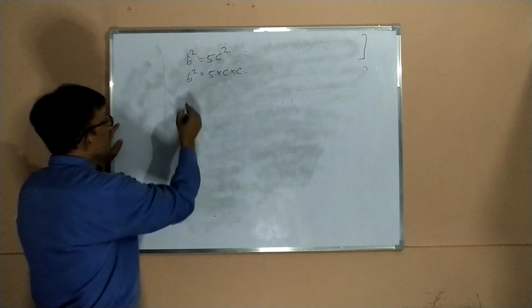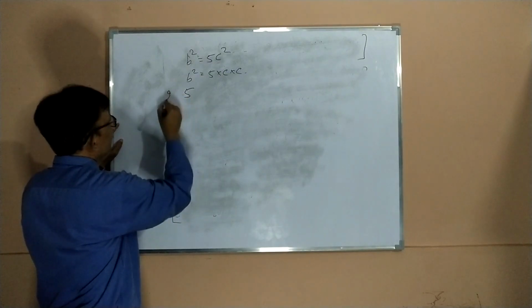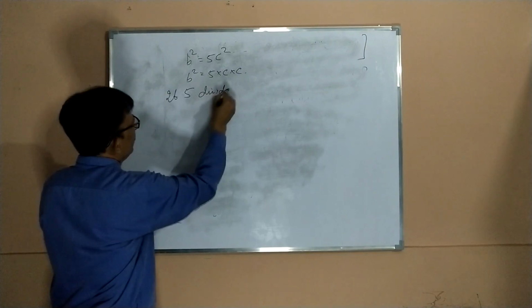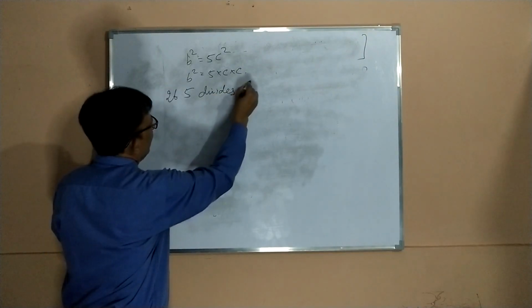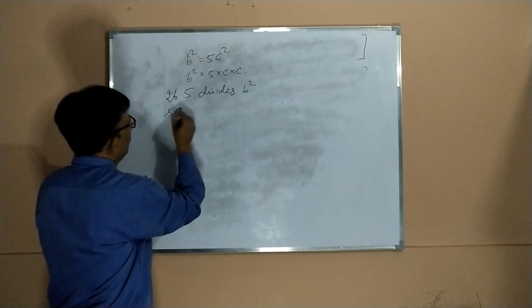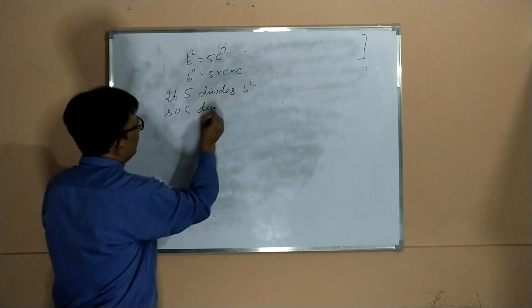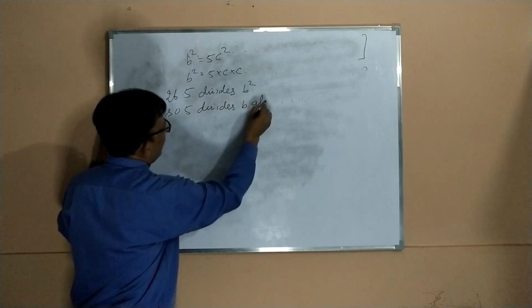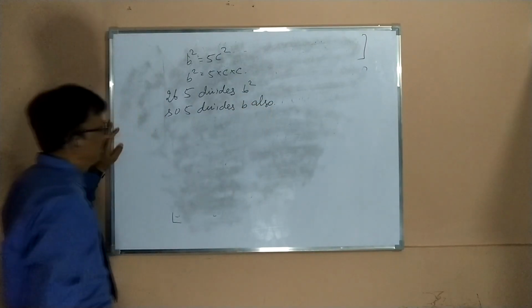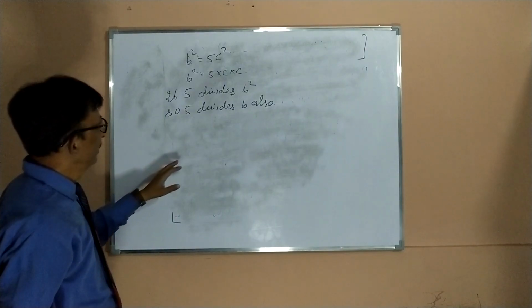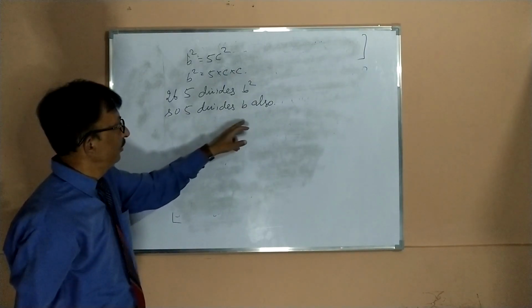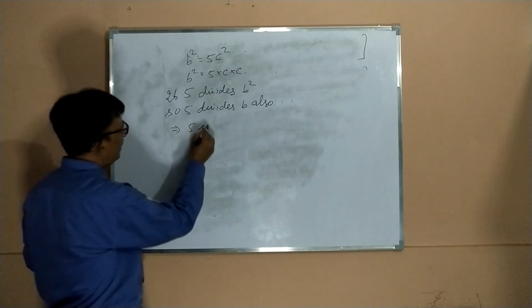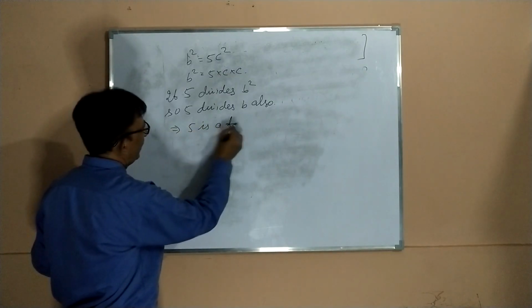If 5 divides b square, so 5 divides b also. इससे हमें कंफर्म हुआ कि 5 is a factor of b. Therefore 5 is a factor of b.